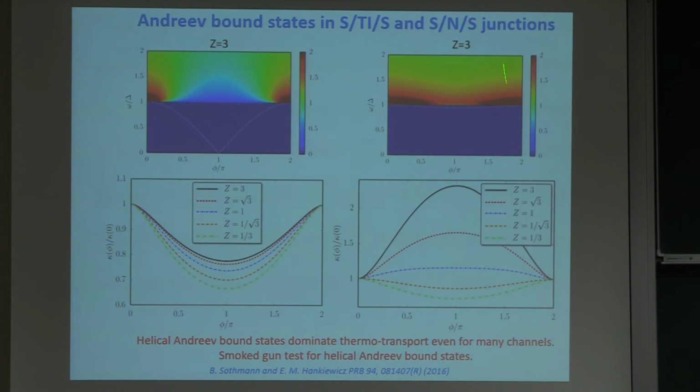However, in this usual Andreev bound state, which is actually a trivial one, what happens is that my Andreev bound states will actually try to go to the edge of the superconducting gap.